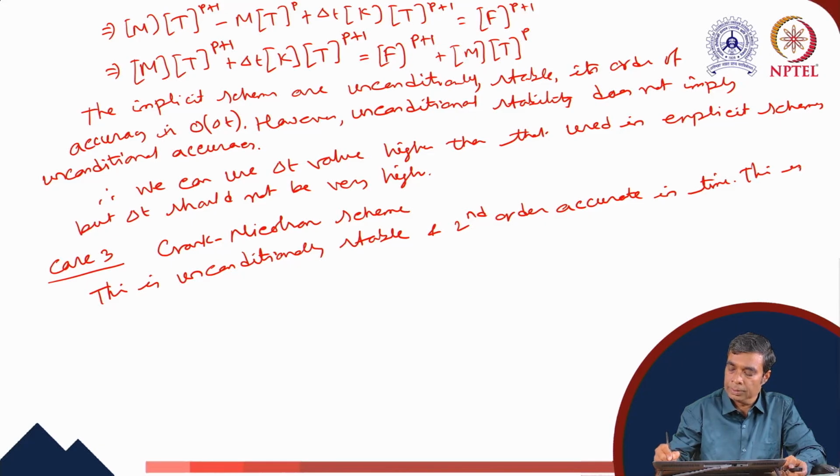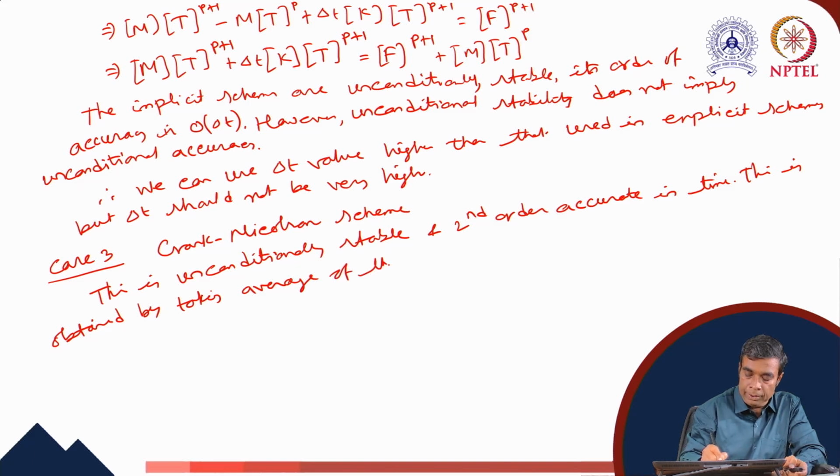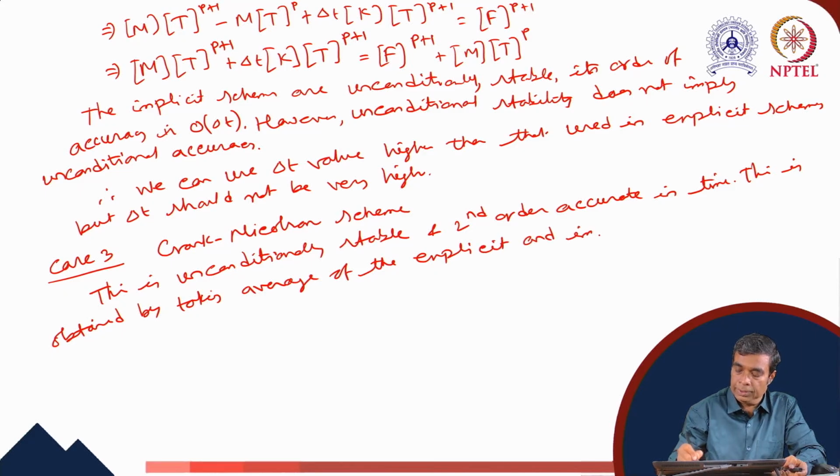This is obtained by taking the average of the explicit and implicit schemes.